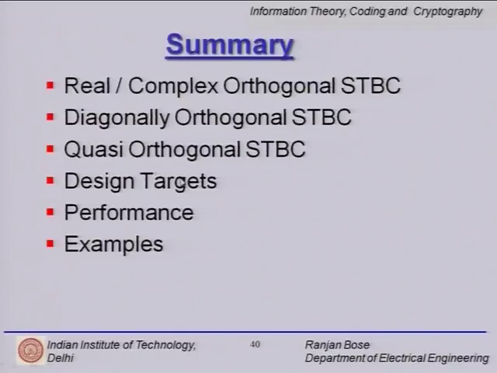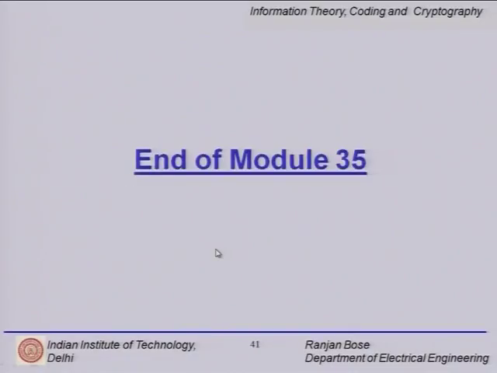We then talked about the design criteria and design targets, and finally we looked at the performance curves for n equal to 1, 2, 3 and 4 for different numbers of receive antennas. With that, we conclude our lecture today.